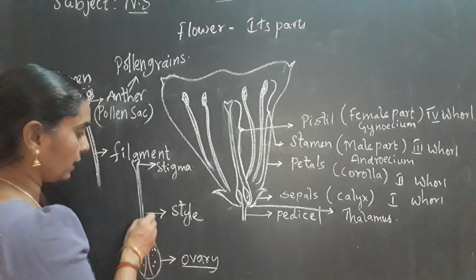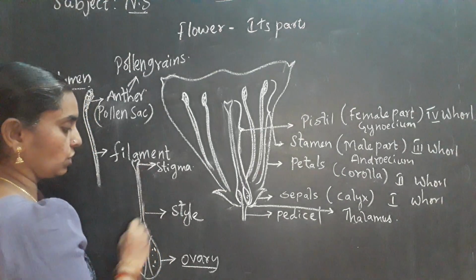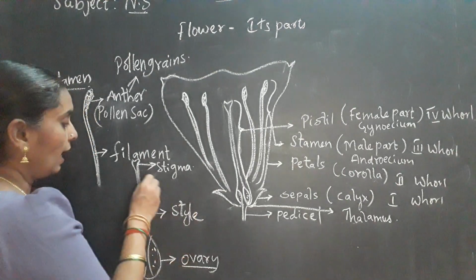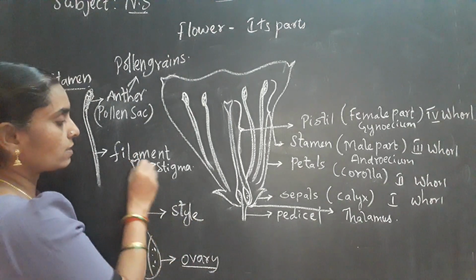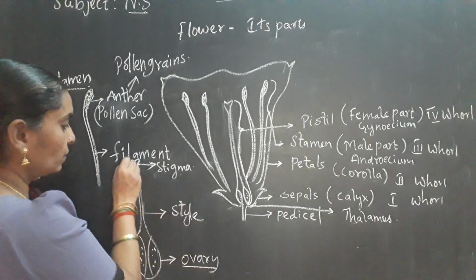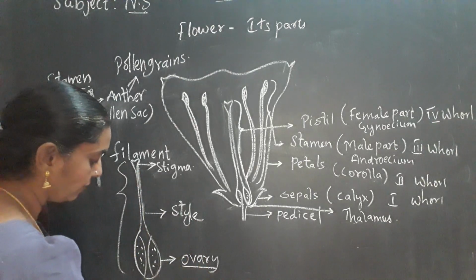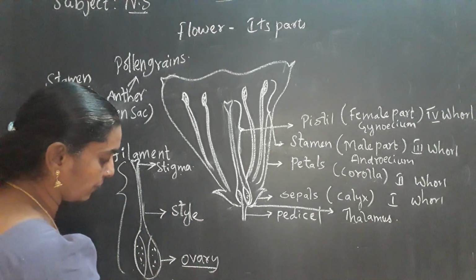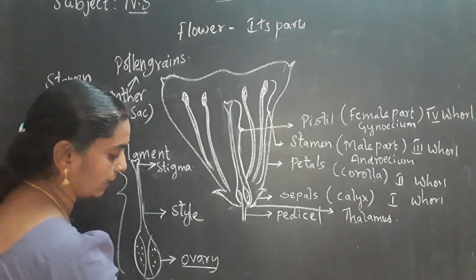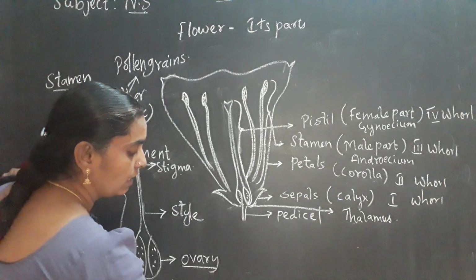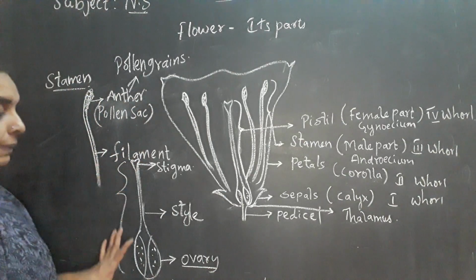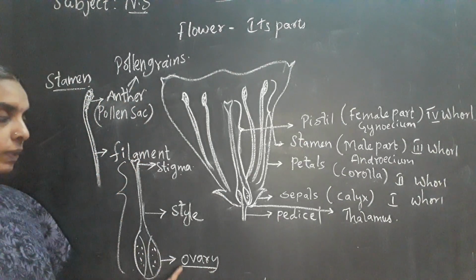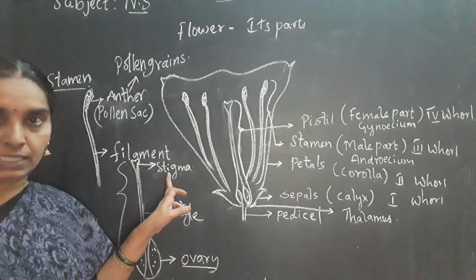Over the ovary, the stalk-like structure is called as style, and the topmost bead-like structure is called as stigma. So these are the three parts of pistil. It is the female part of the flower. So a female part consists of ovary, style and stigma.